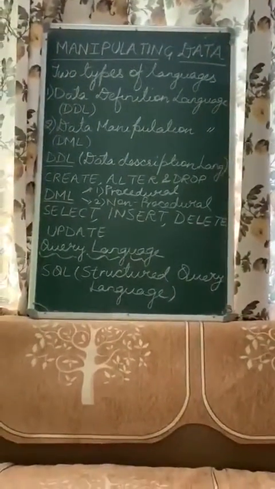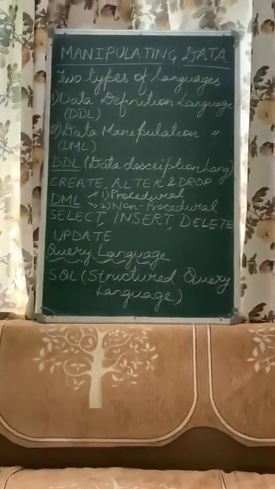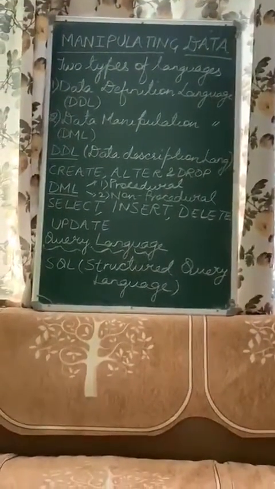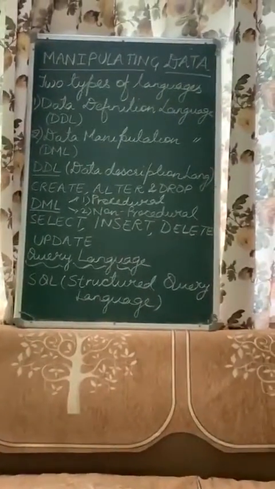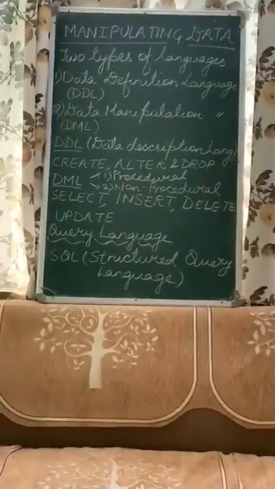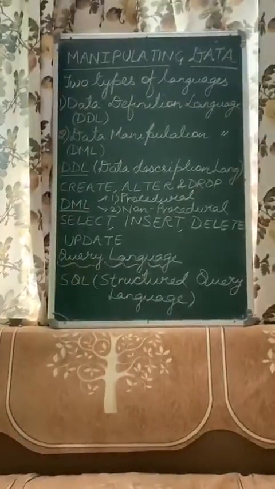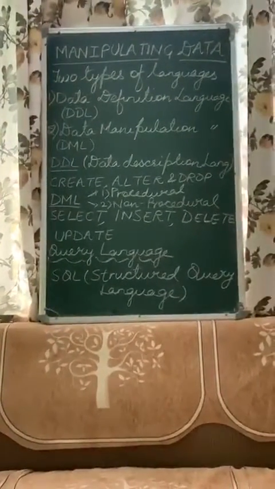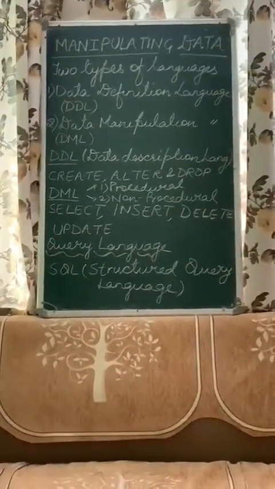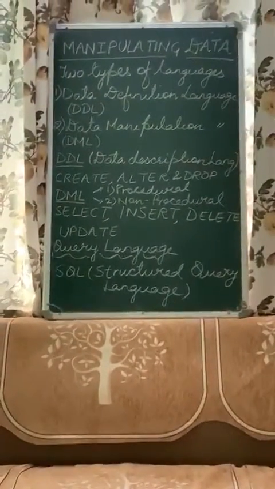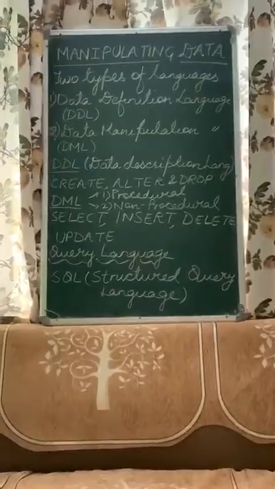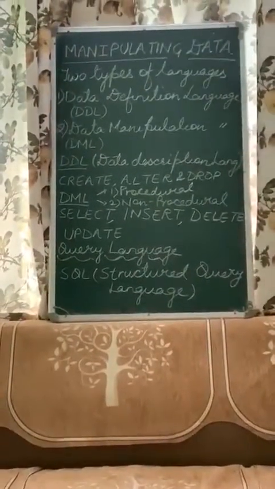Then delete will be helpful in deleting any information from the database. That means if any student has left the school, for that the delete statement will be used. And update is modification of information in the database. Suppose the mobile number of any student has changed, then to update that information, the update statement will be used.